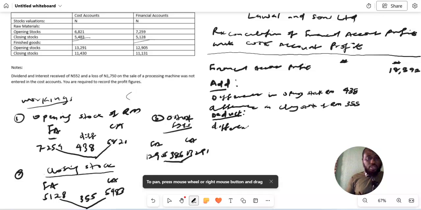I'm going to also try and explain that using some illustration. Difference in opening stock of finished goods. Okay, so we have 386.